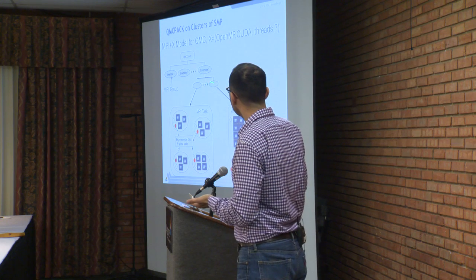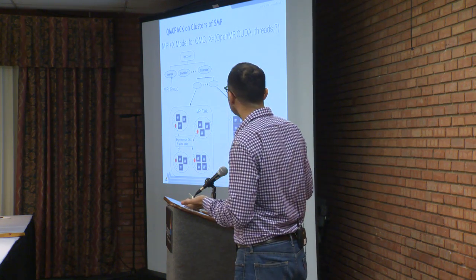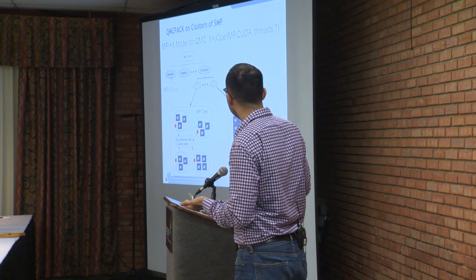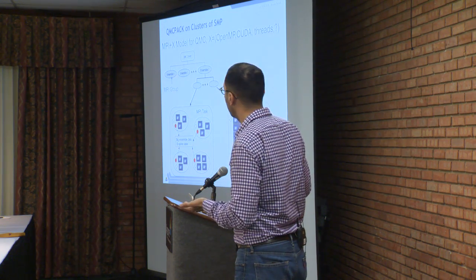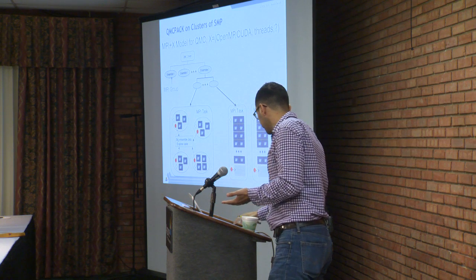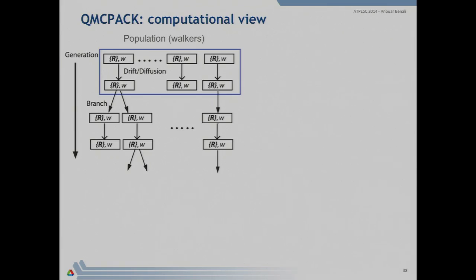So we have one ensemble here. Each ensemble can have an MPI task, and you just split the walkers. Here, it could be either an OpenMP process or a CUDA process. Same thing here.